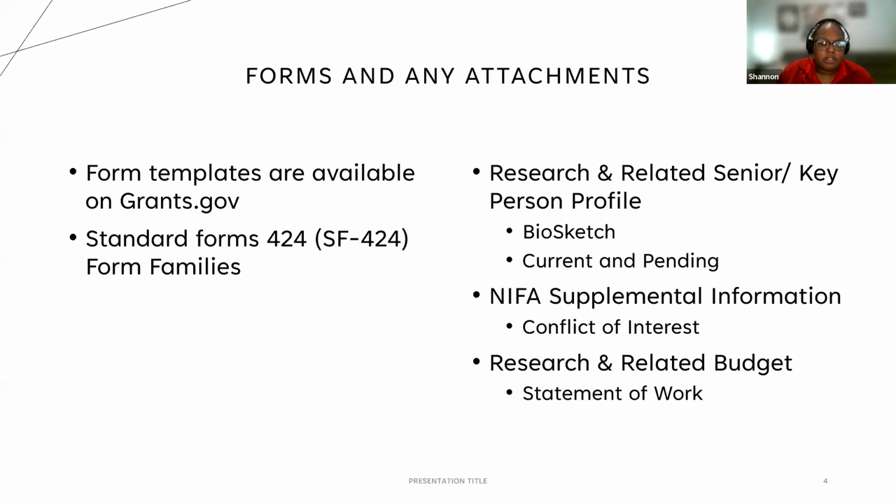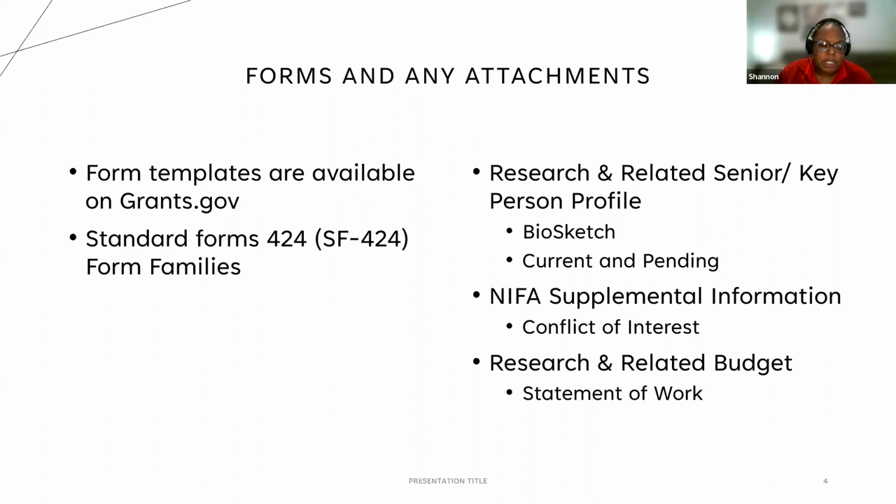We have standard forms, SF424 form families that represent government-wide standard data sets and forms for the grant application package that are developed in partnership with the federal grant-making agencies and the applicant community. The forms discussed in this series can be found on the repository on grants.gov.